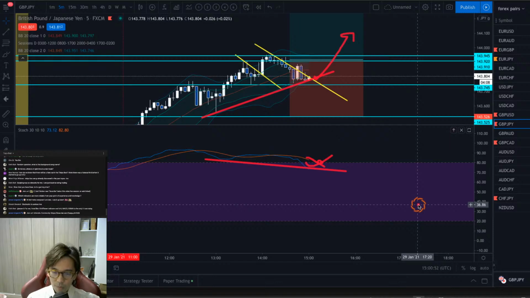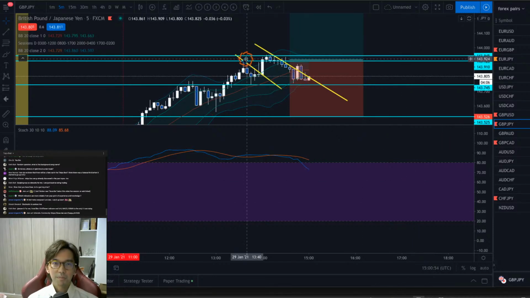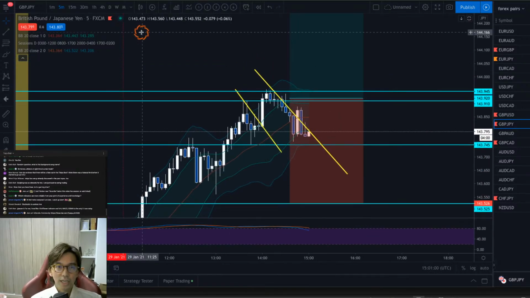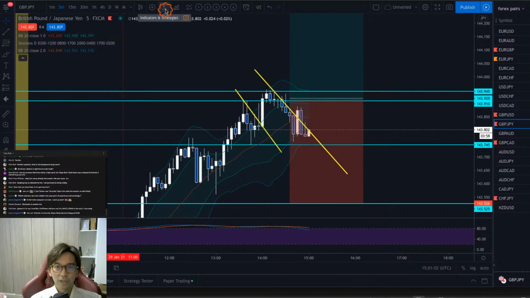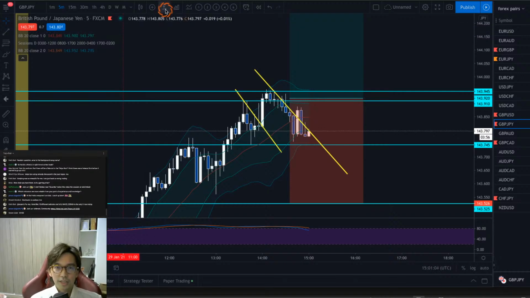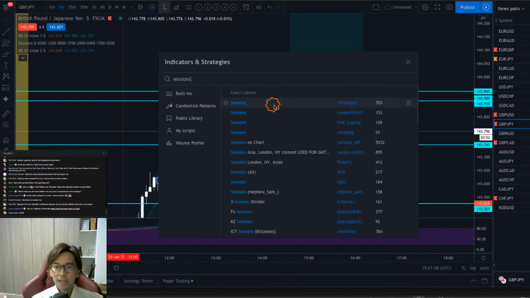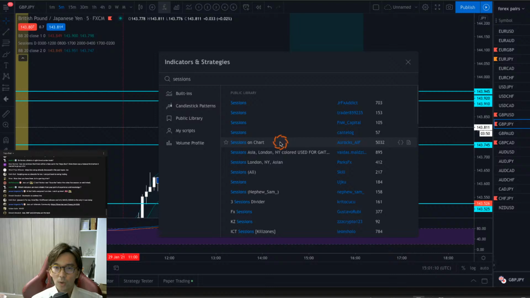How to set up the Tokyo box? Oh, the Tokyo box, so this is a TradingView chart, and I use the sessions indicator. I go to the indicators, search sessions, and I take this one, sessions on chart.